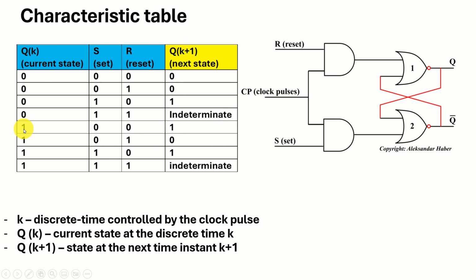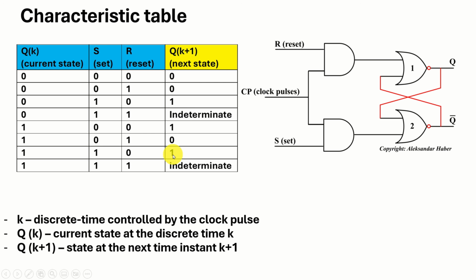Then, when the current state is 1, set is 0 and reset is 0, nothing happens. The next state is simply 1. Then, when the current state is 1, set is 0 and reset is 1, we switch the next state. The next state becomes 0. Then, when the current state is 1, set is 1 and reset is 0, nothing should be changed.